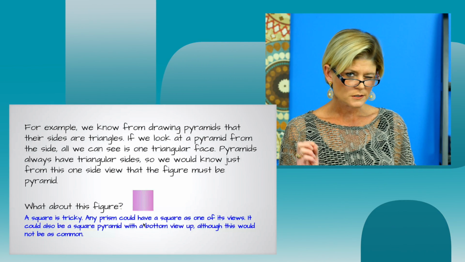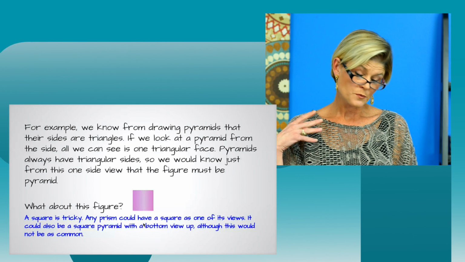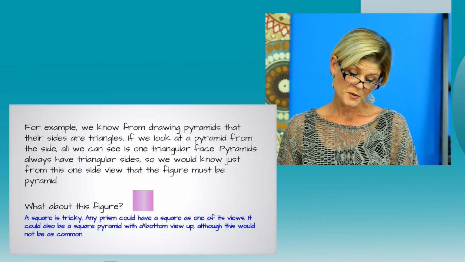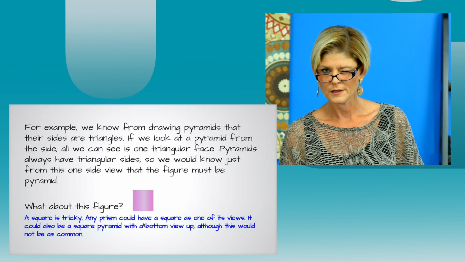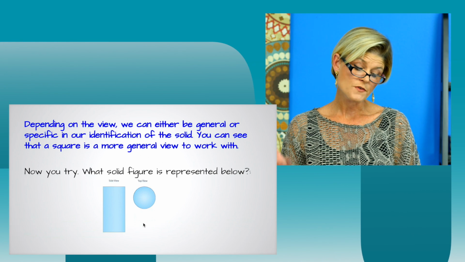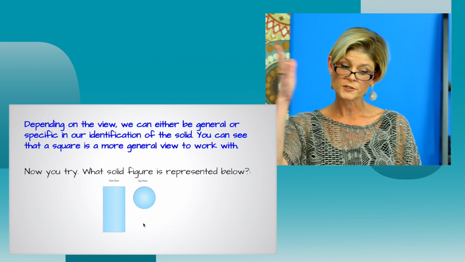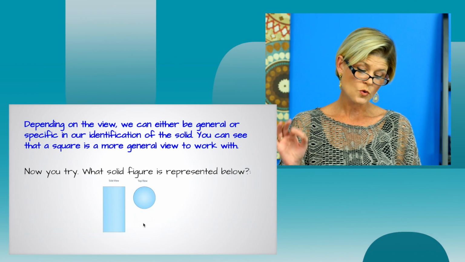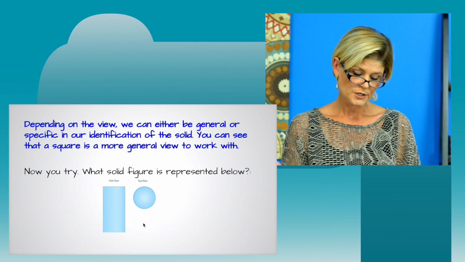And a square is a little bit tricky because any prism could have a square as one of its views. And it could also be a square pyramid with a bottom view up, although that would not be quite as common. All right, so depending on the view, we can either be general or specific in our identification of the solid. You can see that a square is more general to work with.